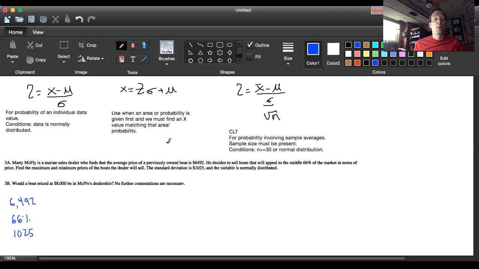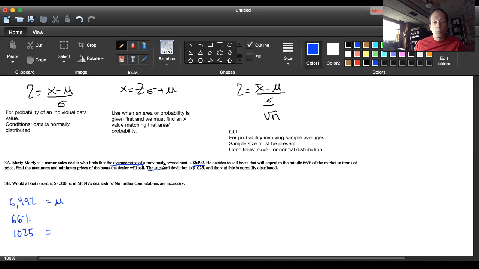Okay, so I'm going to start to think about what labels to put on these numbers. When they mention the 6492, they called that the average price. So 6492 is going to be my population average mu. It would not be the sample average, because there's no sample mentioned in the question. Now my 66% is just really a percent, so I'm going to leave it alone as it is.